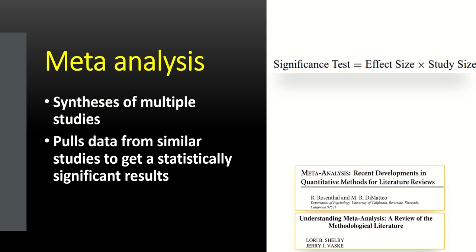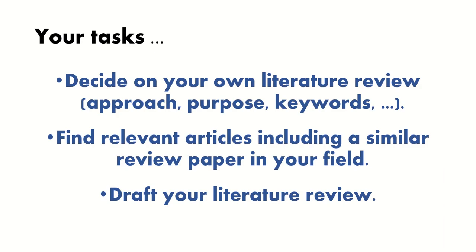So if there are many studies focusing on a specific topic and they are similar in terms of the measures or the method of the investigation, then maybe you can conduct a statistical analysis to identify the significance of results. And common measures are usually the effect size and study size. These 2 papers are useful. If you read these 2 papers, you can find more details of a meta-analysis.